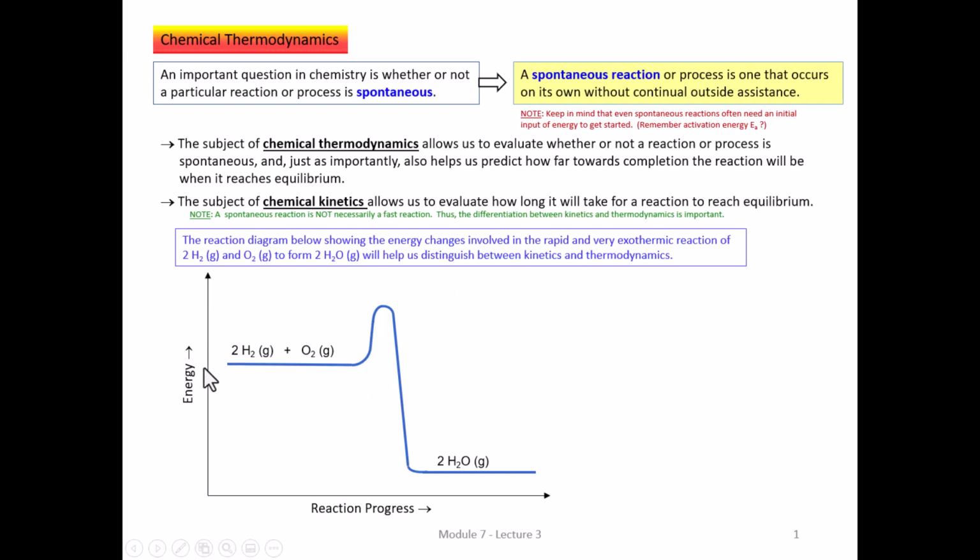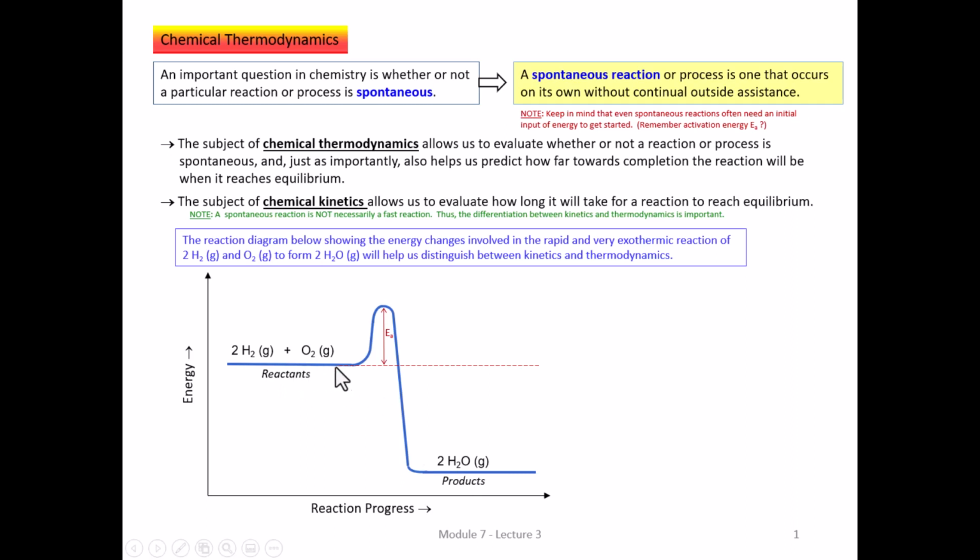So we have energy on the y-axis, and reaction progress on the x-axis, meaning going from left to right is reactants to products. The reactants, hydrogen and oxygen, are at the higher internal energy, and the products, 2 molecules of water, at the lower internal energy.